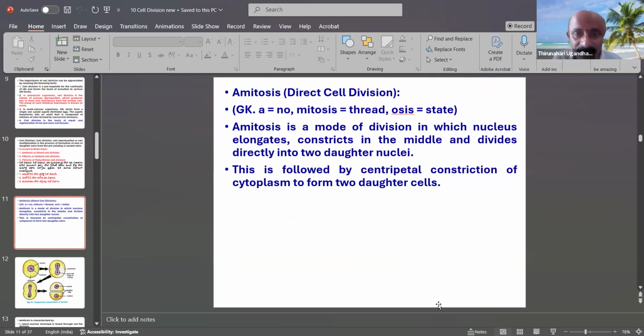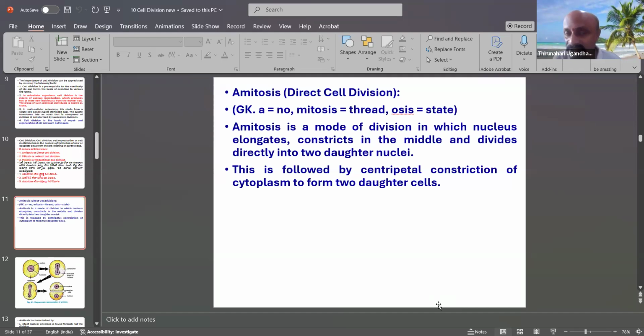Amitosis is a mode of division in which the nucleus elongates, constricts in the middle and divides directly into two daughter cells. Amitosis means not performing all stages of mitosis. Only one stage can divide into two cells.